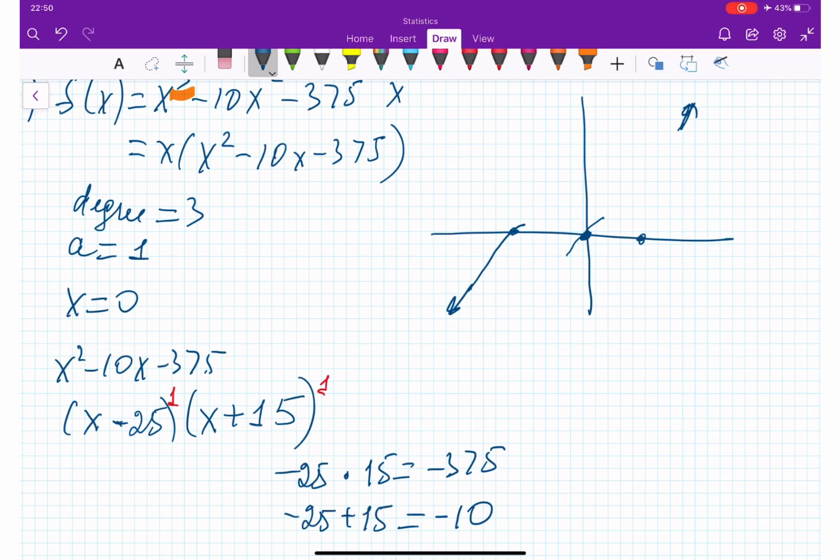And if it's going to cross here at the second point, it's going to cross like this also, because the behavior is like that, which means around this 0, it's going to cross also.